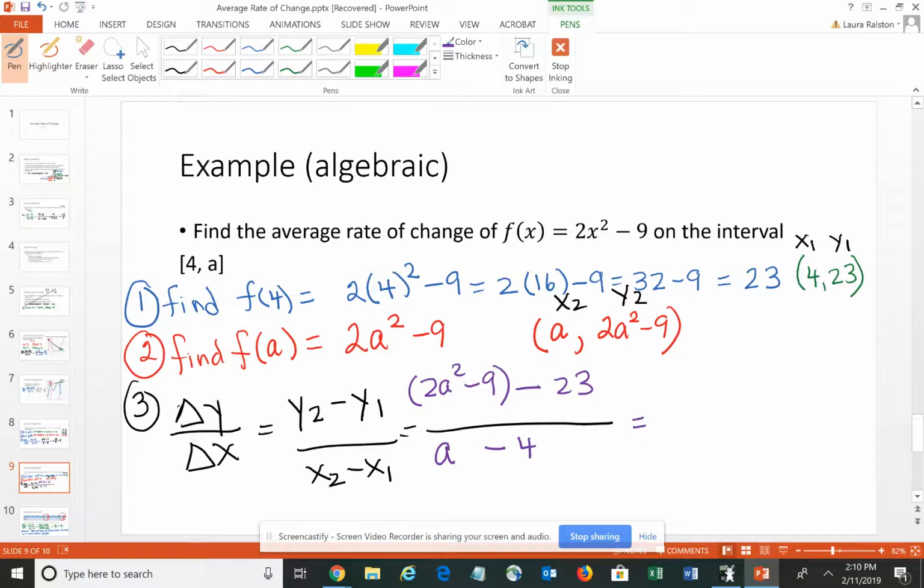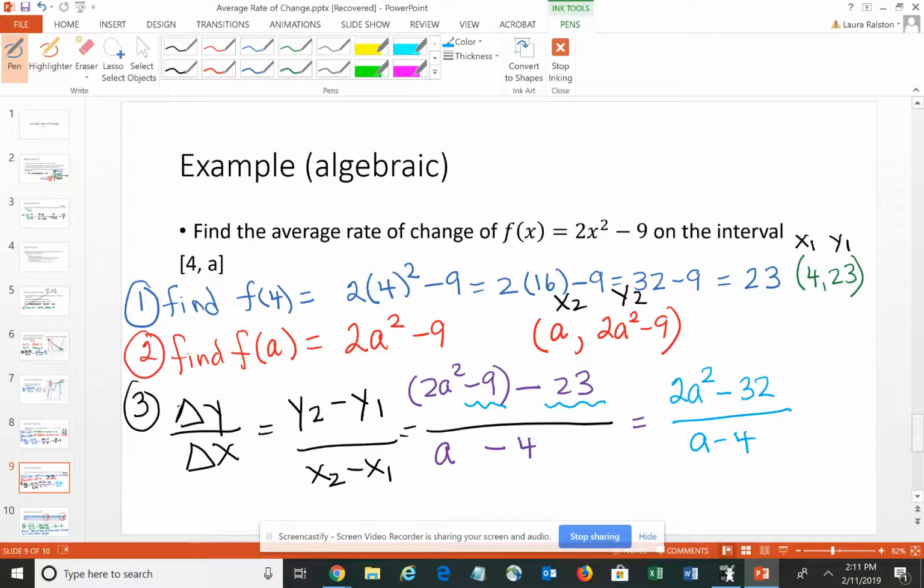So if I simplify this, minus 9, because you have like terms here, you want to put them together. Okay? Minus 9 and minus 23 gives me 2a squared minus 32 over a minus 4.